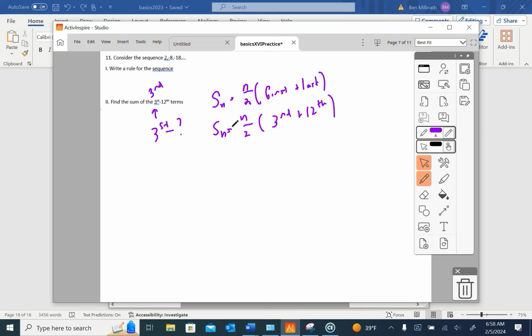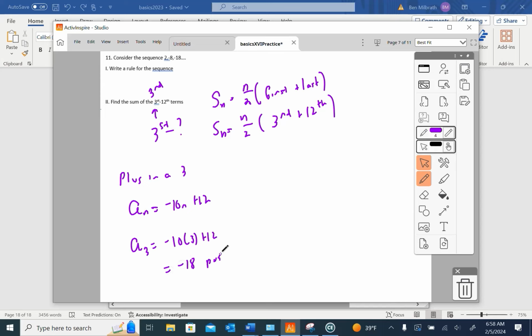And if I want the third term, I plug in a 3. Now, we had a little formula which I already erased. It said that the nth term is negative 10n plus 12. So I need the third term, called a of 3. This is going to be negative 30 plus 12, which is negative 18.